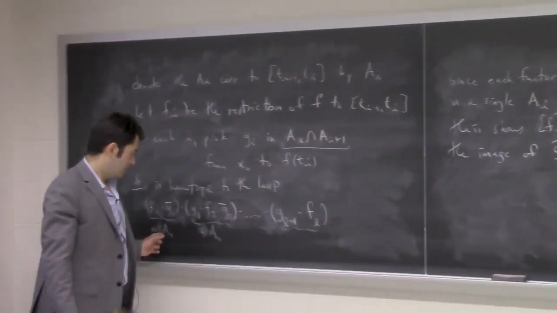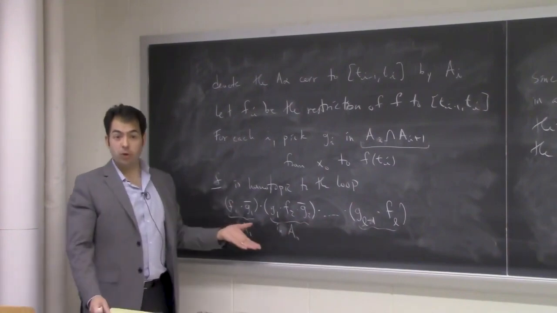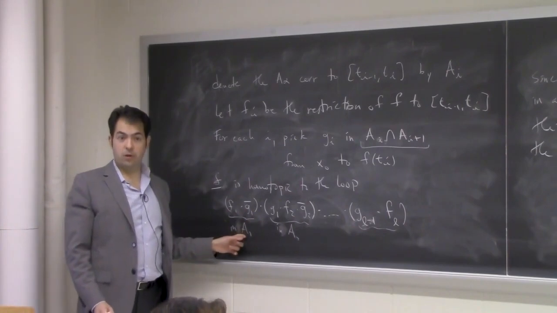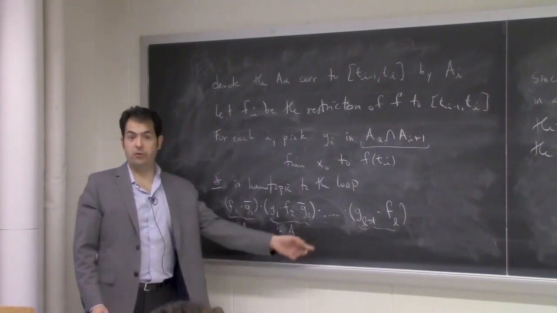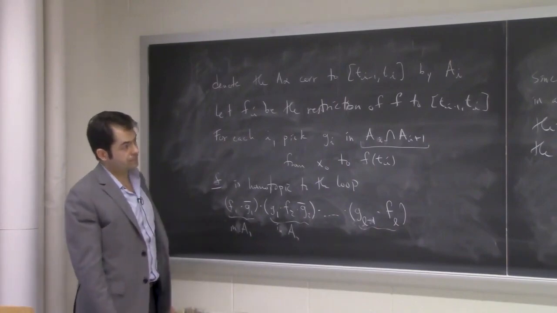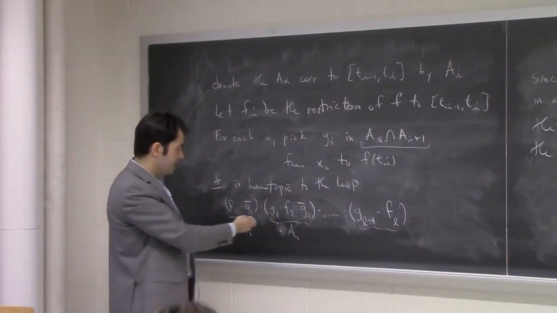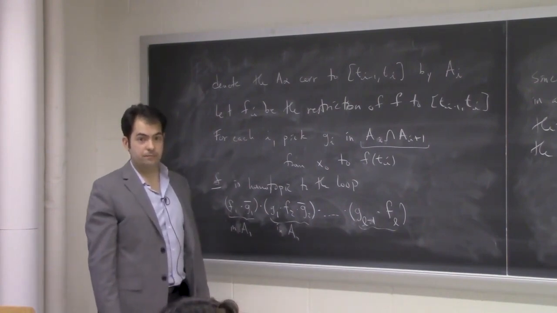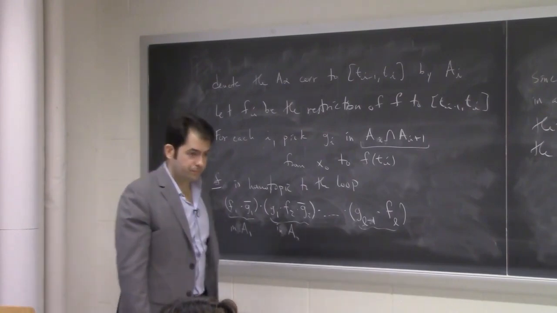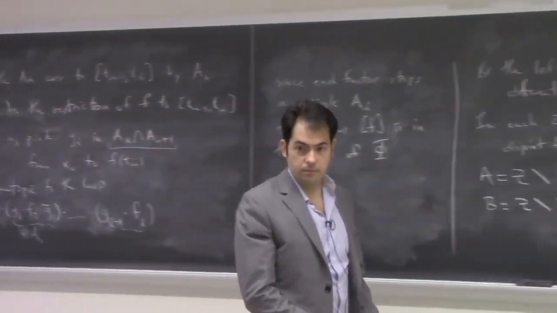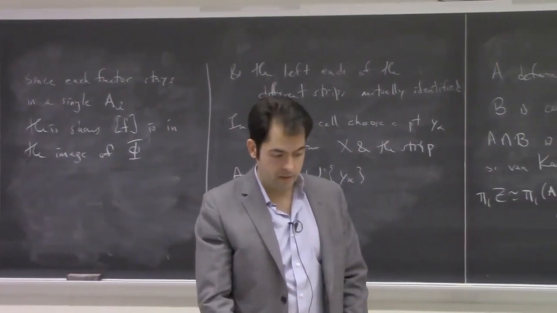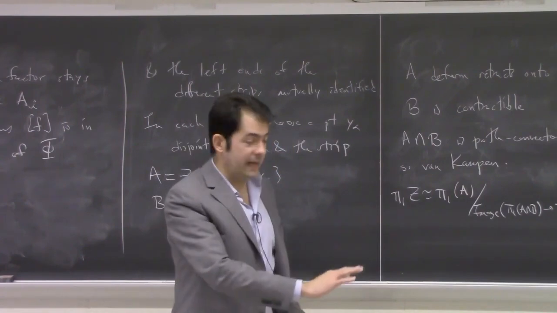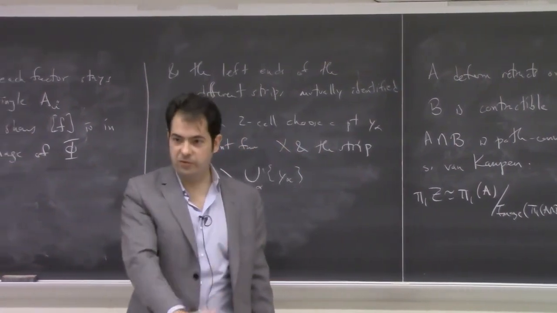Right? So just consider this factorization as a word in the free product, which is fine because this is in pi 1 of A1, this is in pi 1 of A2, and so on. So consider that word, map it by phi, you just get this, and that's F. When you say pi 1 of A1 and pi 1 of A2, that's always at the same base point? That's right, yeah. So we have x naught living in all of the A alphas. So throughout the whole proof, the base point is x naught.